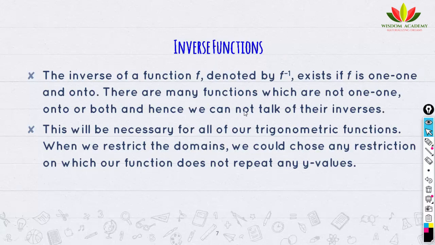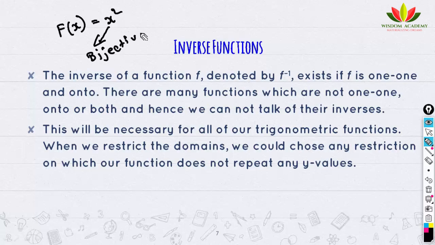Okay, now we can talk about inverse functions. Now forget the word trigonometry. In the first unit, the unit of functions, I taught this: if I want to check whether a function has an inverse or not, I will check whether it is a bijective function.